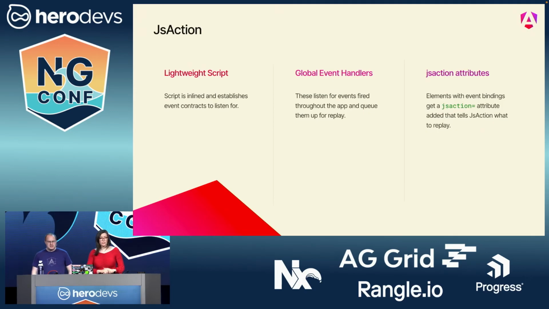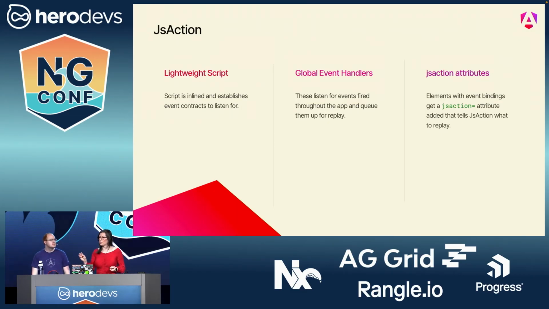And the way JS Action works is it's essentially a lightweight script, and it gets inlined at the top of your application before anything loads. And that script serves to create event contracts for all of the events that are going to be interacted with on your page. And then it creates essentially a global event listener, so that anytime one of those events fires anywhere on the page, it's listening for those events.